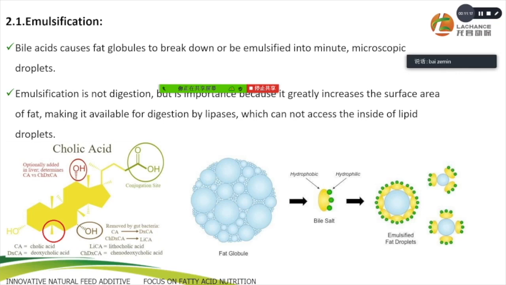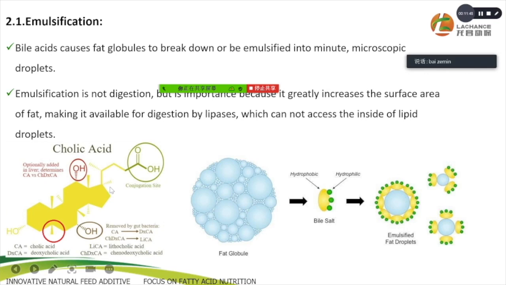But remember, emulsion is not digestion. This only increases the surface area of the fat droplet and makes the lipids easier to digest. As we all know, lipase cannot access the inside of a lipid droplet, only the surface surrounding the droplet.